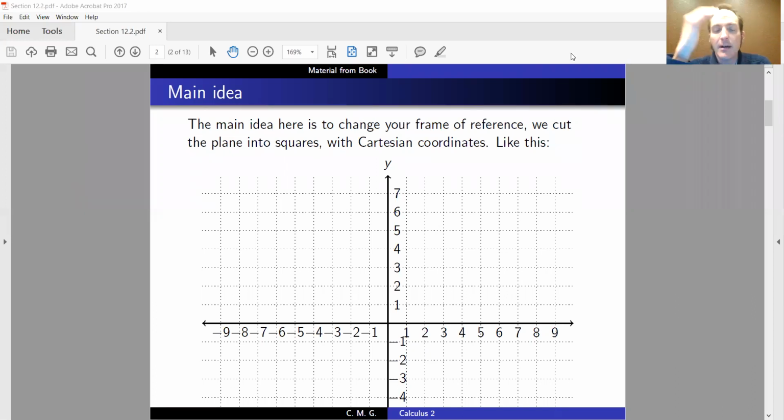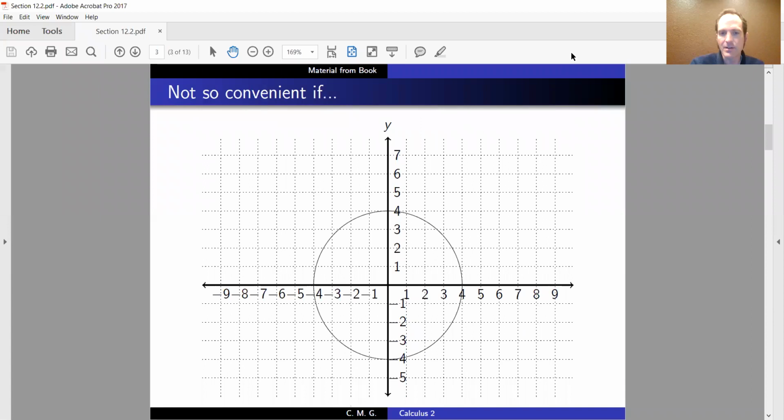So this is great. Unfortunately, it doesn't work for some functions. In fact, it's just not nice for some functions. It doesn't take us long to find one that's kind of bad. Well, the circle is the first one we can think about that is a pretty awful way to describe this.